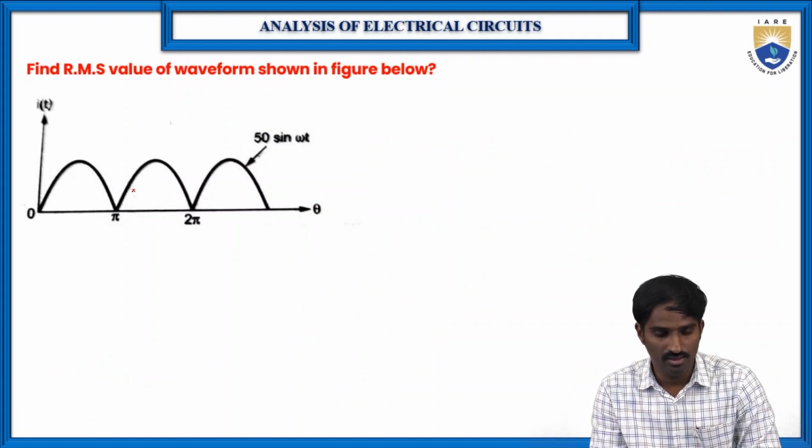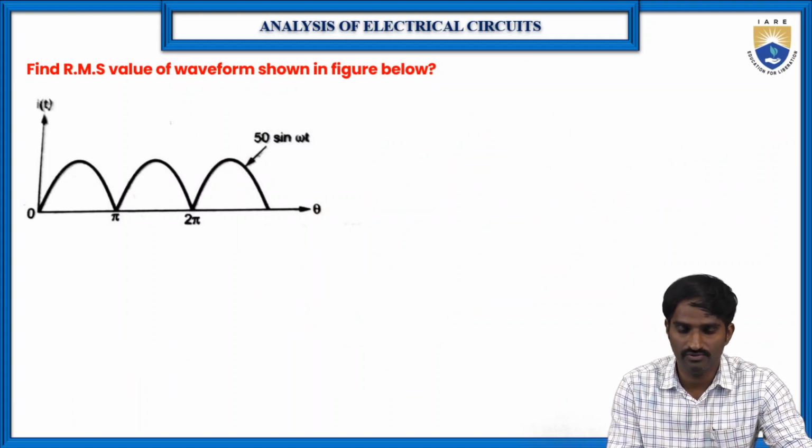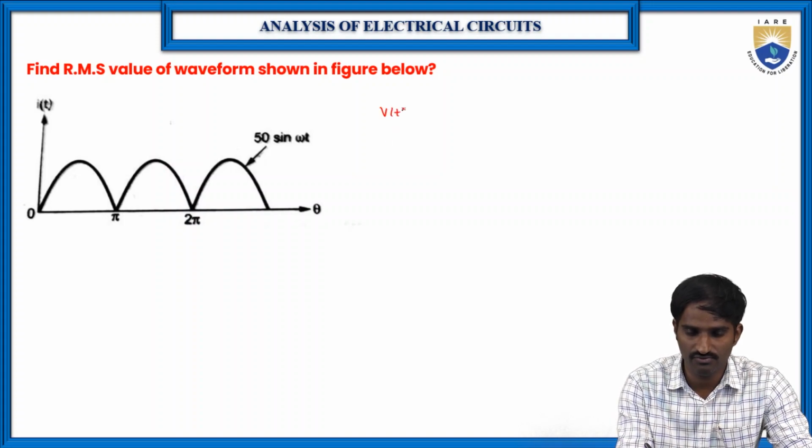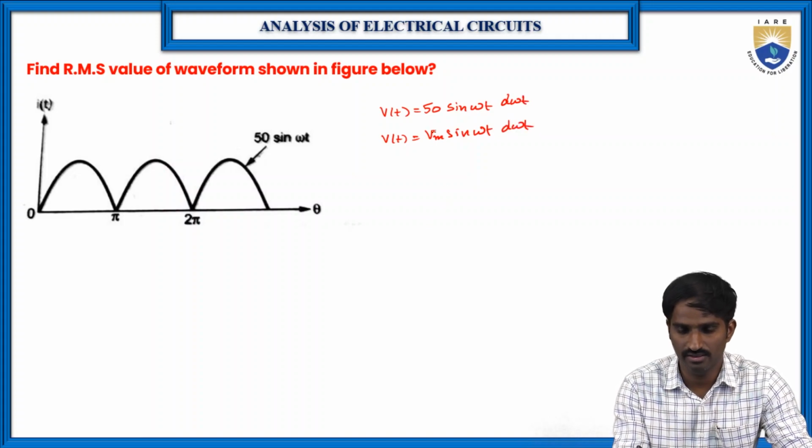Now, find the RMS value of the waveform shown in the figure. Of course the difference is visible, but here they have already given the equation for this waveform, which means V of omega t is equal to 50 sine omega t. If you compare this with the standard equation Vm sine omega t d omega t, then in the place of Vm you are getting 50.